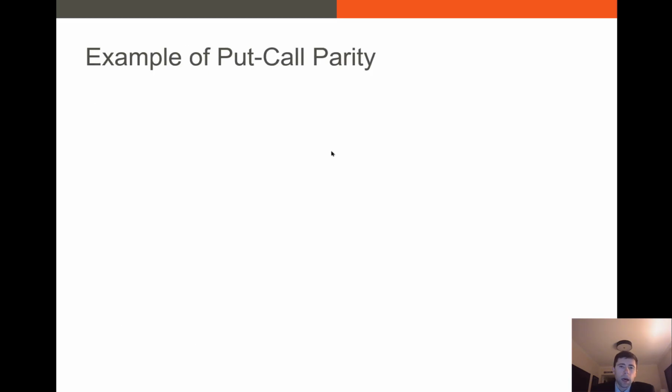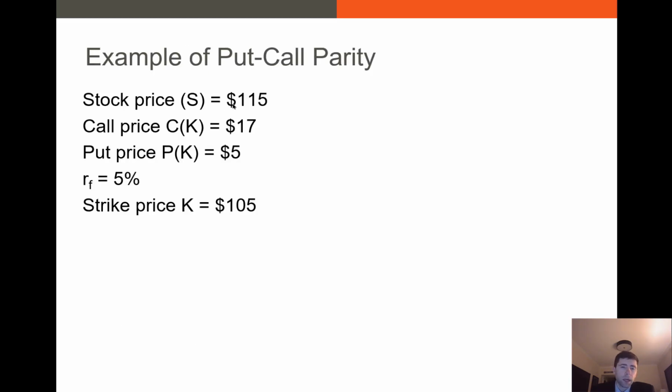All right, so let's see the information. We have the stock price of $115. We have the call price, or price of the call option, of $17. The put price is $5. Our strike price given was 105.